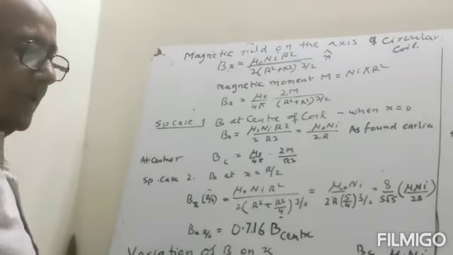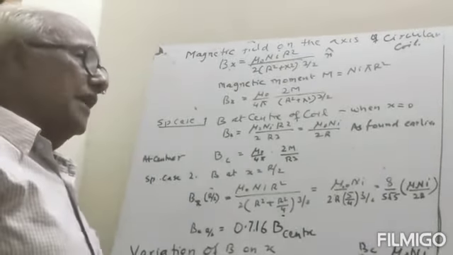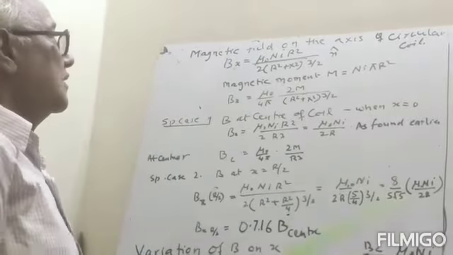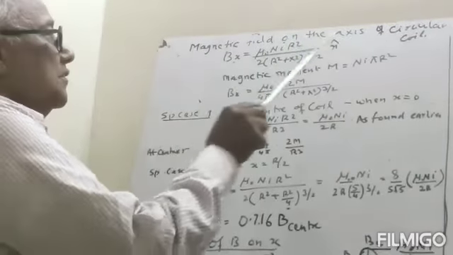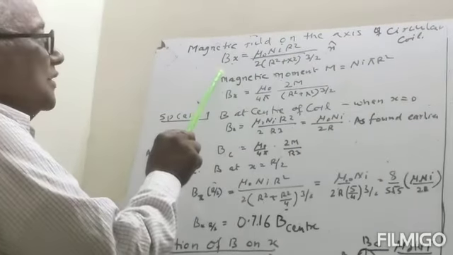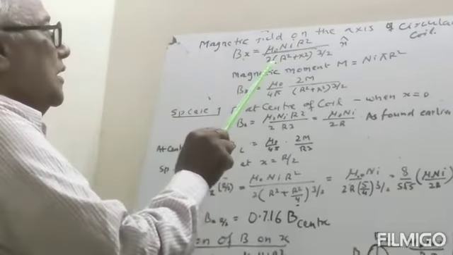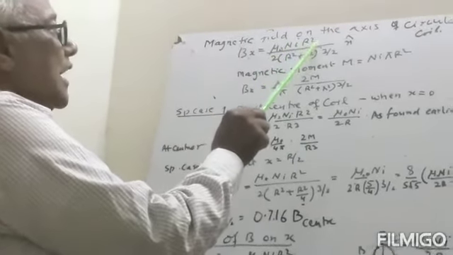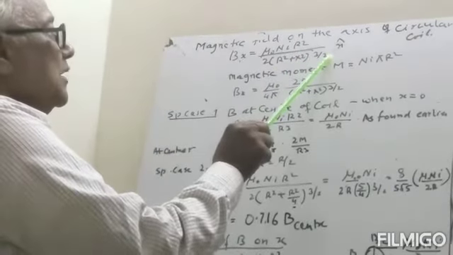In the last lecture, we found the magnetic field on the axis of a current carrying loop. The magnetic field on the axis at point P is B = μ0/4π × 2π n I r² / (r² + x²)^(3/2).